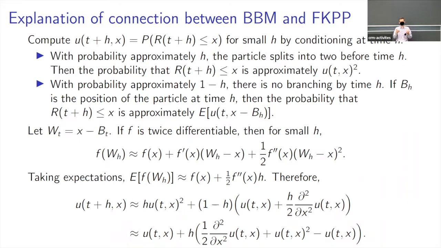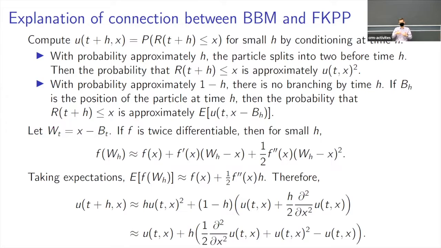Because particles are branching at rate 1, we know that with probability approximately h, the initial particle will split into 2 particles. The probability that the initial particle will split into 2 particles before time h is approximately h. And if that happens, then the probability that the rightmost particle at time t plus h will be below x is the probability that all descendants of both of the particles are below x.